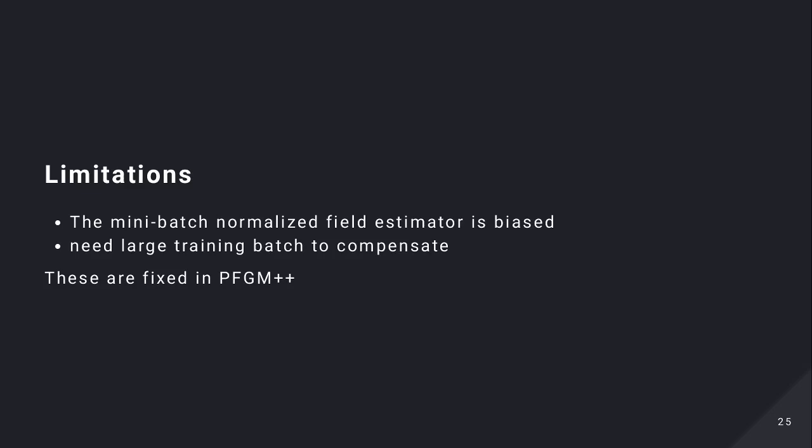First of all, the mini-batch normalized field estimator they use is biased, so it's not quite accurate, and you also need a large training batch to compensate for that. This means that evaluating this actual Poisson field is quite expensive during training. But luckily, most of these problems are fixed in the next paper, PFGM++.